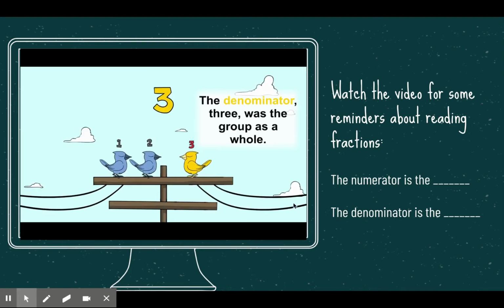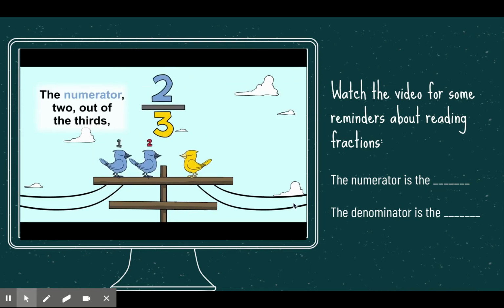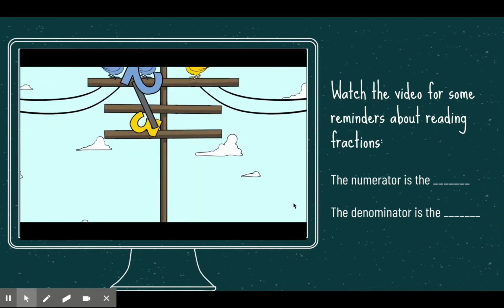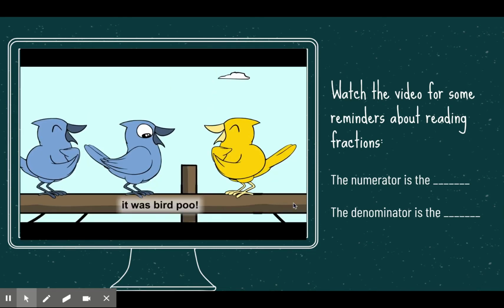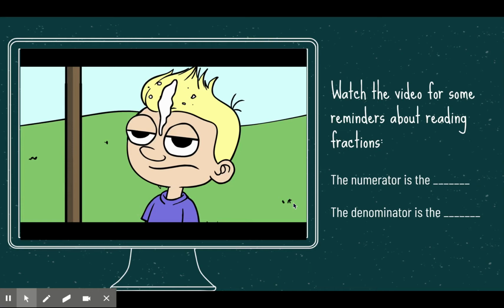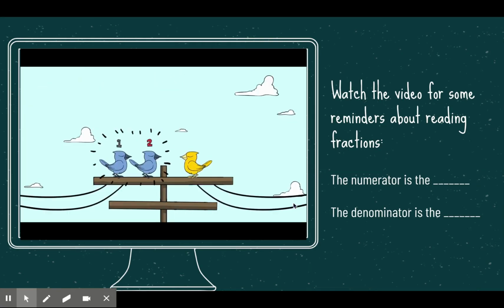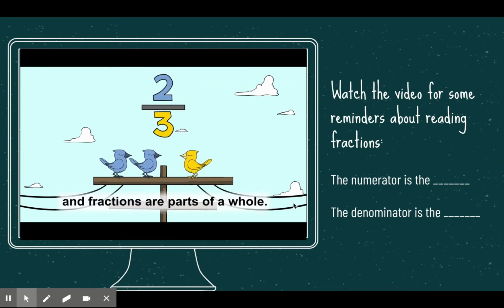The denominator 3 was the group as a whole. The numerator 2, out of the thirds, described the 2/3 that were bluebirds.